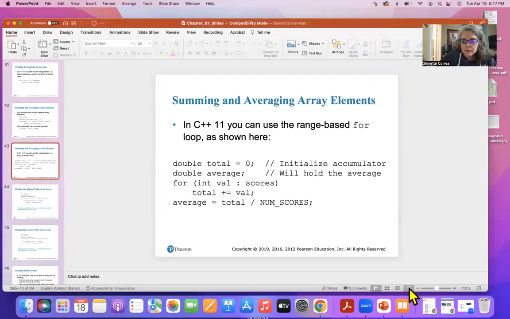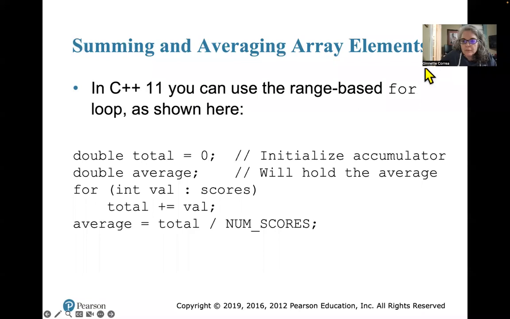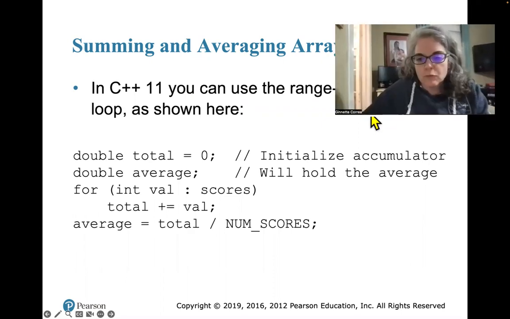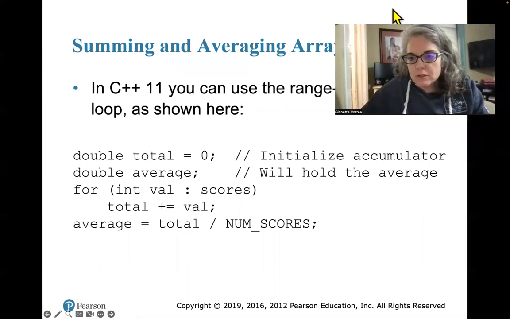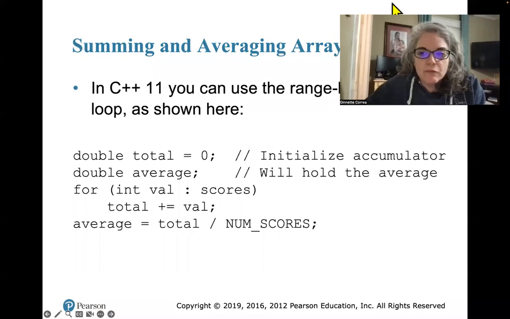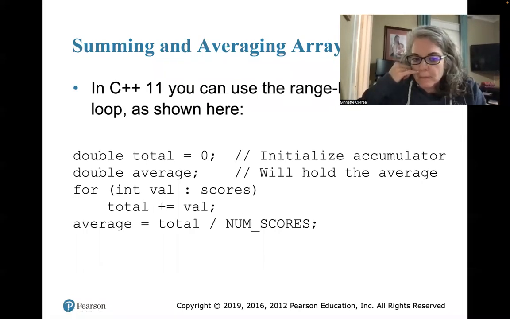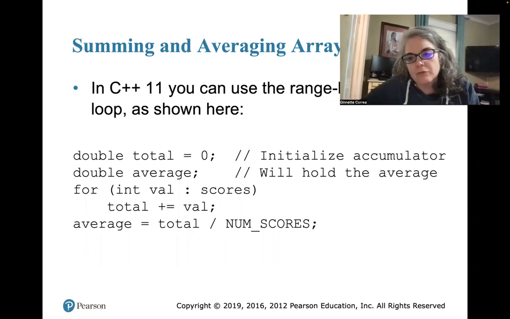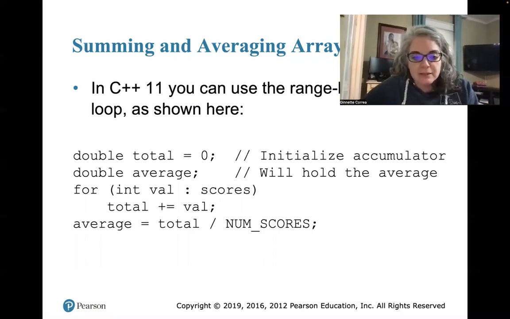So this is an example of finding the total and finding the average in an array. It's just like we were doing where we found the total, the sum of a set of inputs, except this time we're going to get the total from the array.